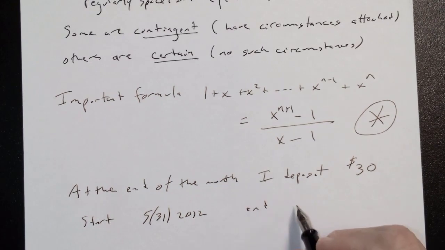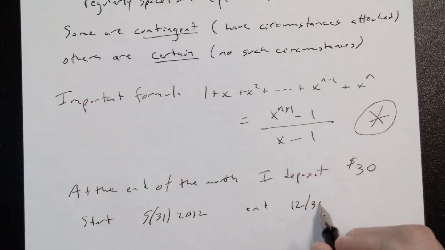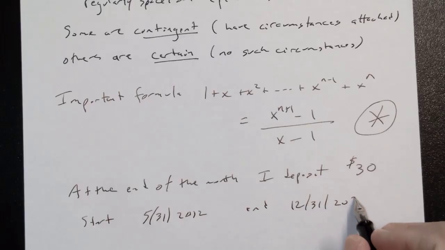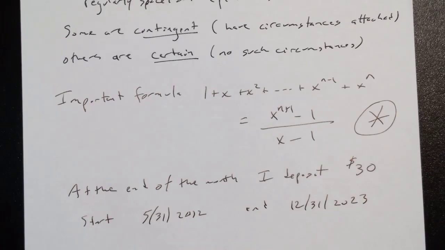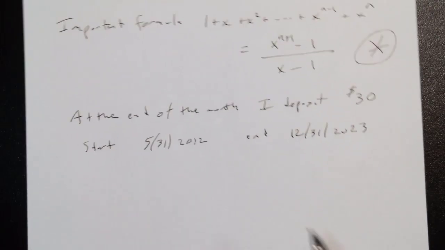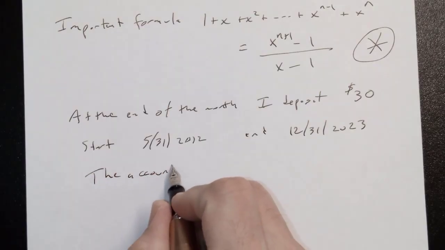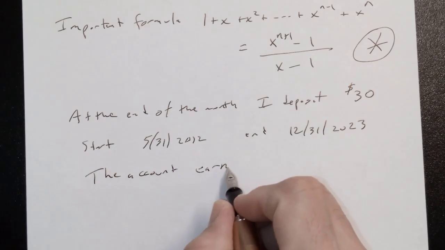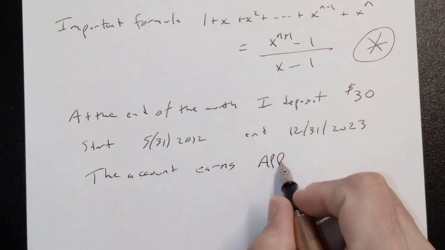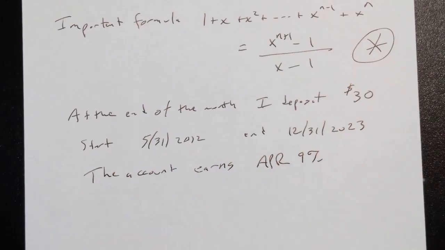I ended December 31st, 2023. The account earns an APR of 9%. How much money do I have January 1st, 2024?